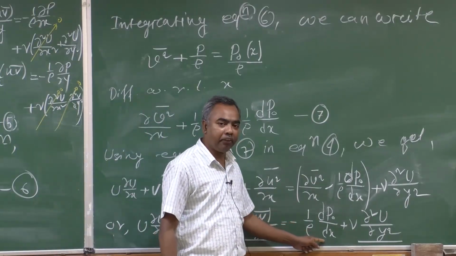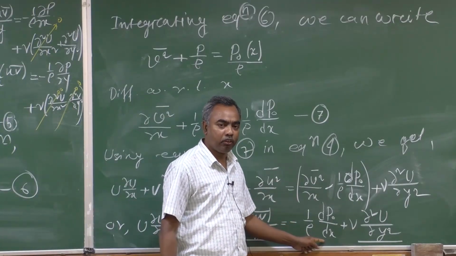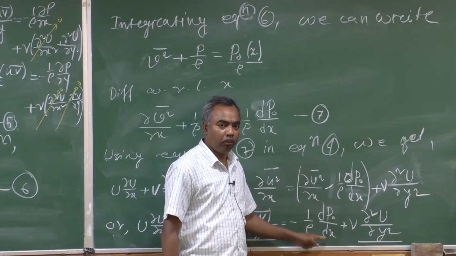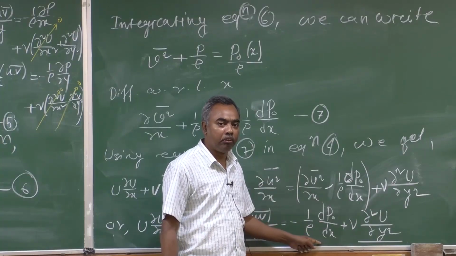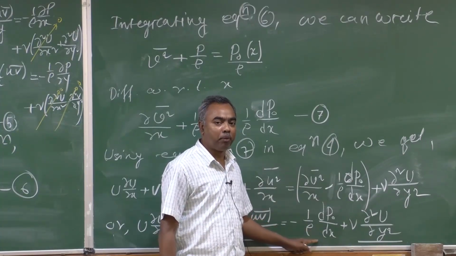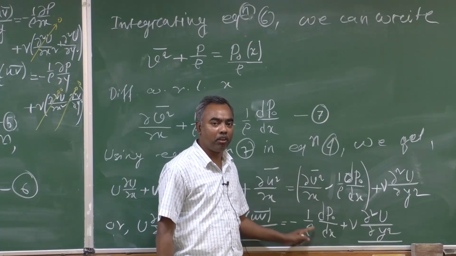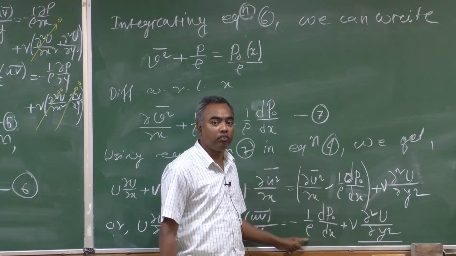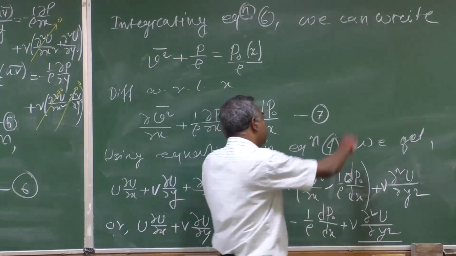It is the pressure gradient which exists in the free stream. So, in the free stream Bernoulli's equation holds good. That means using Bernoulli's equation in the free stream, this particular term can be replaced in terms of free stream velocity. How?